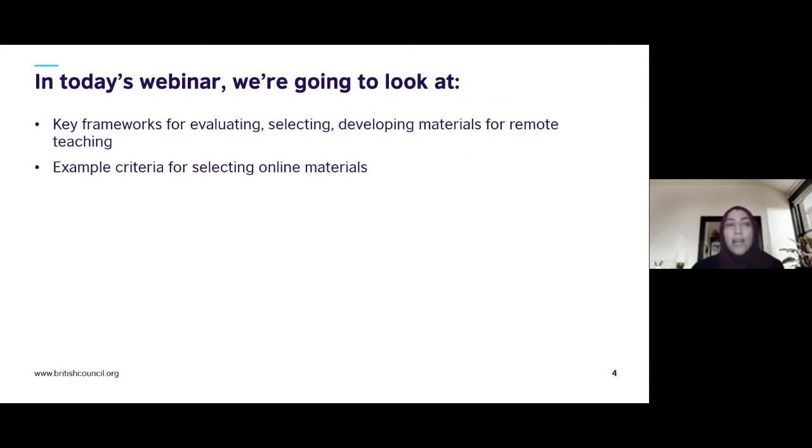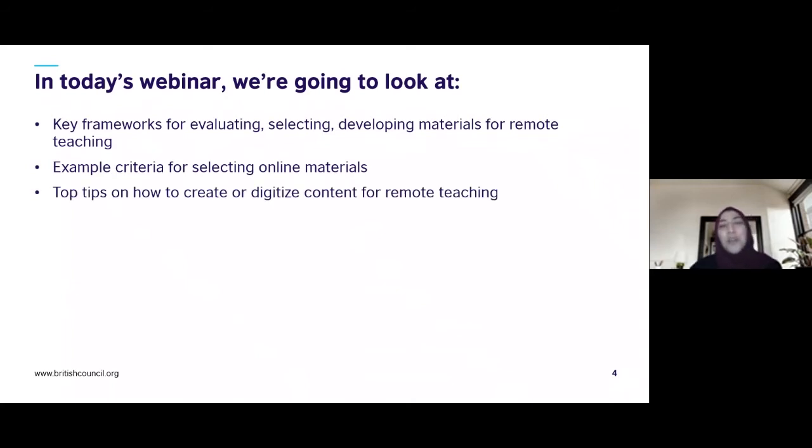We're also going to look at some example criteria for selecting online materials, and we have a sample checklist for you today. I know you like checklists because I do. We're going to give you our top tips on how to create or digitize existing content for remote teaching, and we'll wrap up by sharing some resources for further reading if you like.